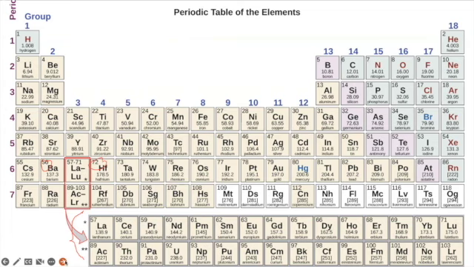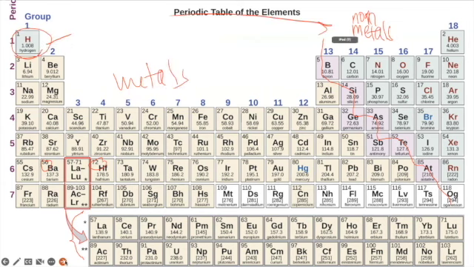Anyways, what I wanted to show you, we can divide the periodic table into metals and non-metals. So usually there's a line or colored boxes here, whereas these are the non-metals, and these are the metals. With the exception, hydrogen hangs out here, but he's actually a non-metal, and you can tell he's colored green there like the other non-metals.